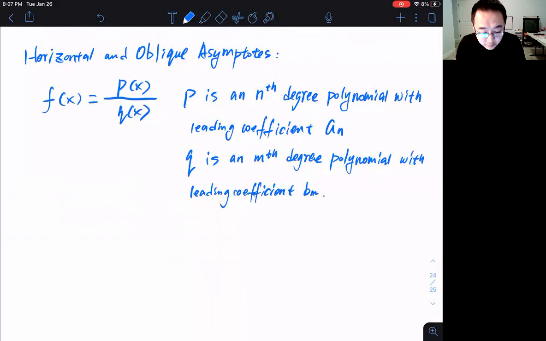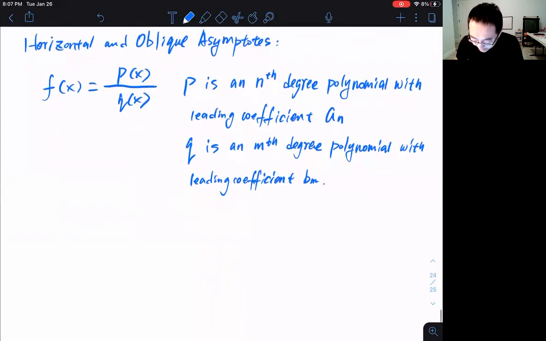And there are no common factors in p of x and q of x anymore, so f of x is in reduced form. If this is the case, then the asymptotes are found as follows.